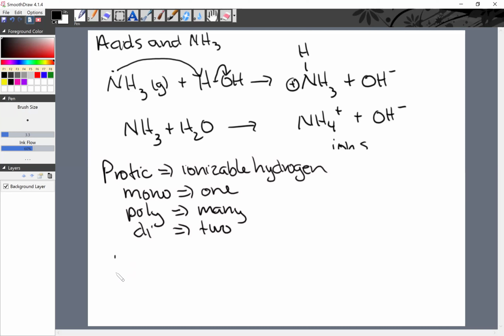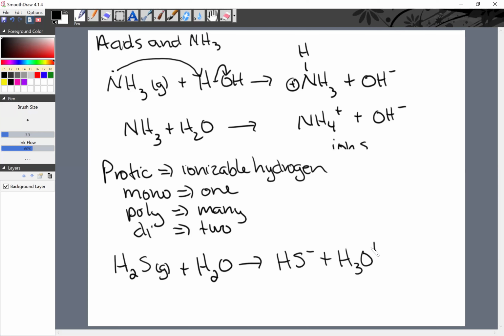So for instance, H2S exists as a gas. If I react that with water, and I hope you notice I'm very clear, I react with water versus I dissolve in water. There are two hydrogens, so water can pull them off, but not necessarily at the same time. The first thing that's going to happen is one of them gets pulled off, and it's going to make H3O+, and I could have used a shortcut, but then guess what?